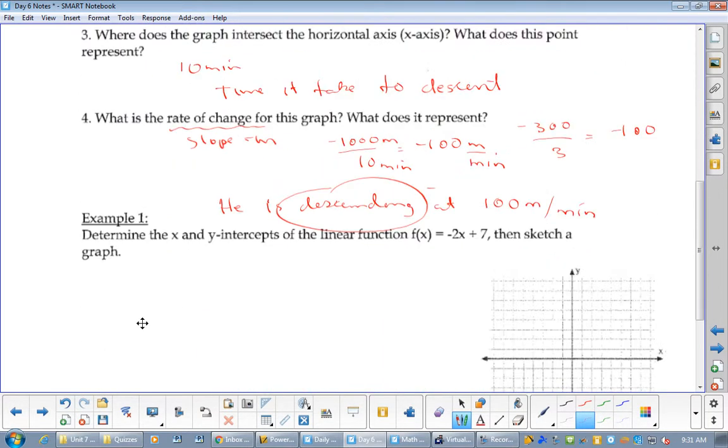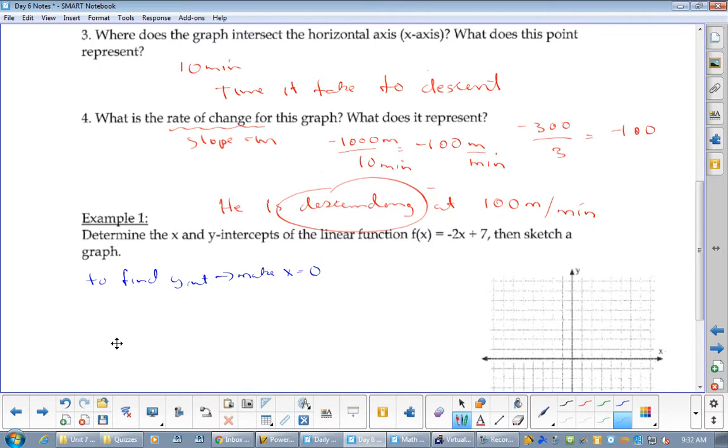So that's a little trick that I'm going to show you to find the y-intercept: make x equals 0, because x is always 0 at the y-intercept. Always, always, always. You show me a graph where the y-intercept x isn't 0. It doesn't exist.